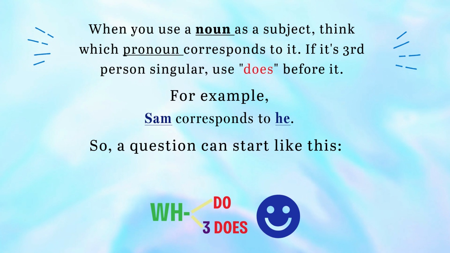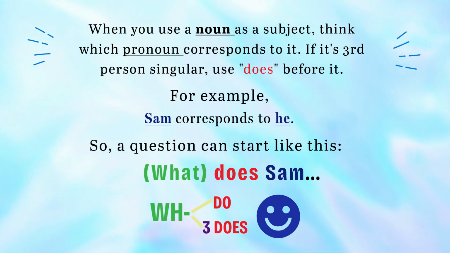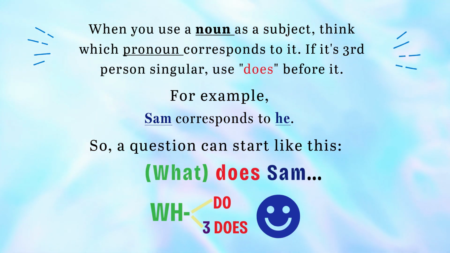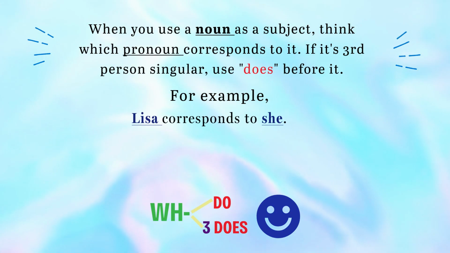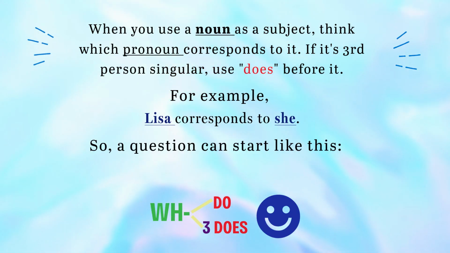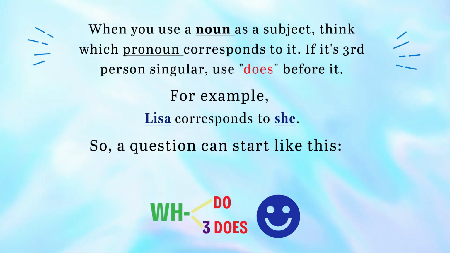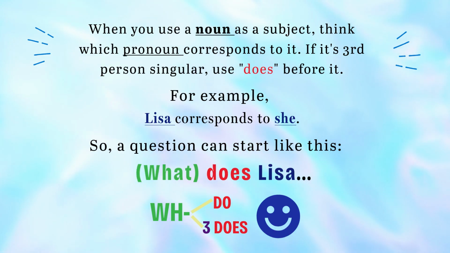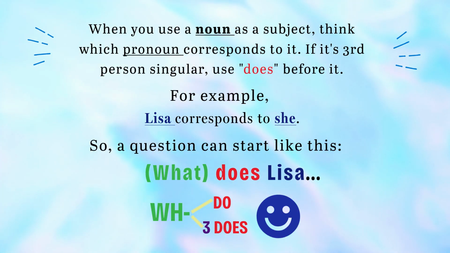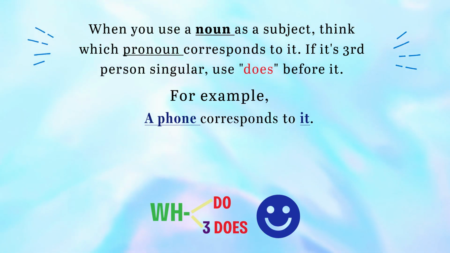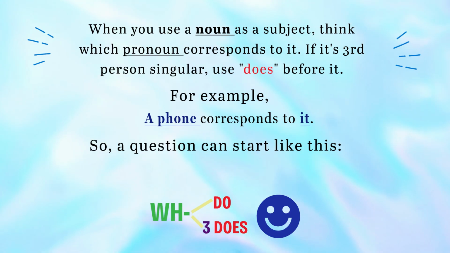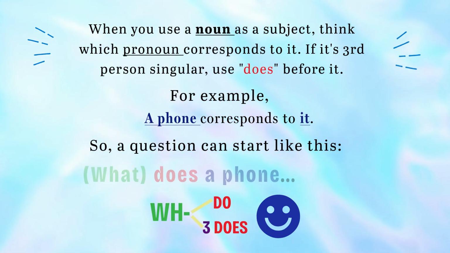So a question can start like this: what does Sam? Lisa corresponds to she. So a question can start like this: what does Lisa? A phone corresponds to it. So a question can start like this: what does a phone?